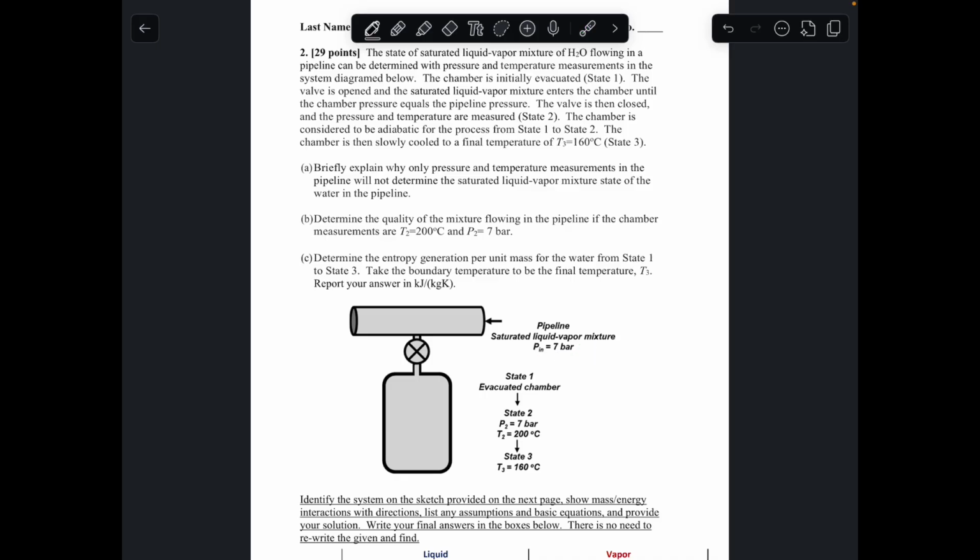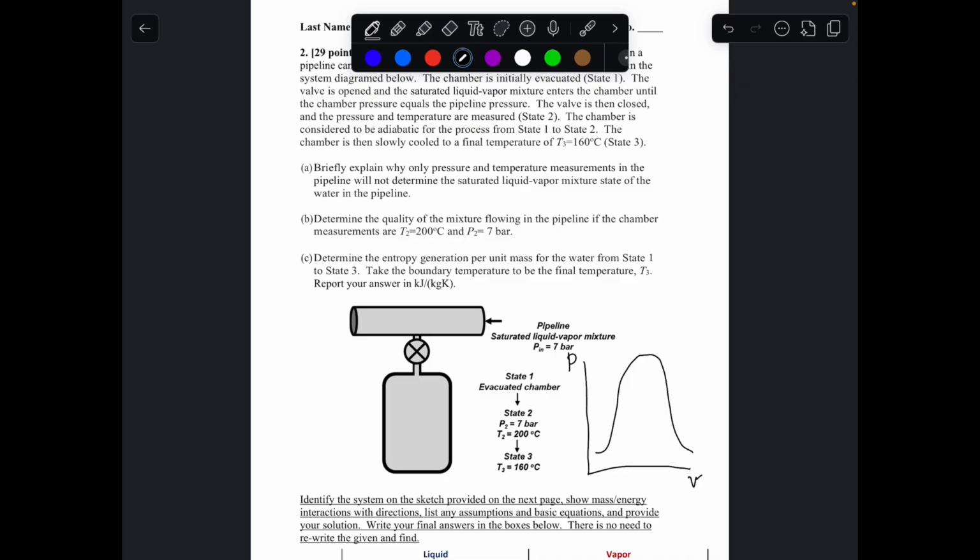And I think an easy way to see this is by just drawing out a PV diagram or TV diagram or whatever kind of diagram you want to draw. If we have pressure and then some other property like specific volume, in the saturation region we'll be under a dome here. And so if we have a fixed pressure and temperature, maybe our Pn is somewhere right here.